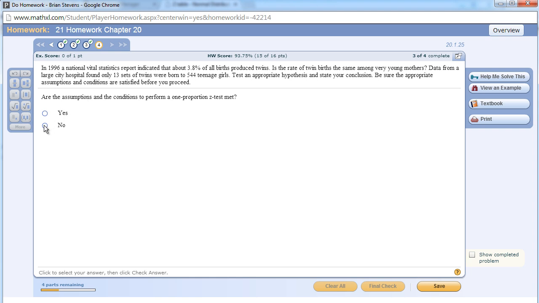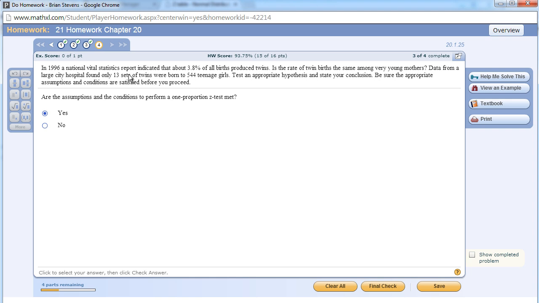Right here, we just put all the assumptions into one. And do we have randomization independence? Yes, it looks like it says random on here somewhere. It doesn't say random. It should, but it doesn't, unless I'm missing it. We need to sample less than 10% of all teenage girls. That sounds like less than 10%.